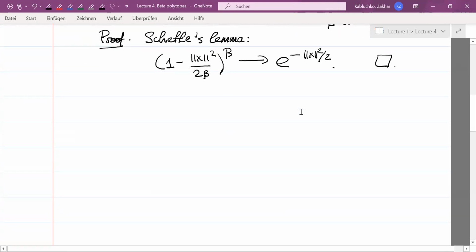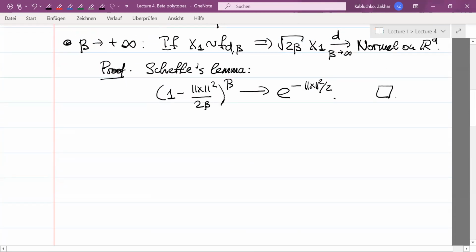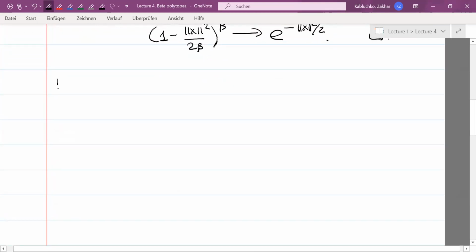There is another class which is very similar and where all the formulas are very, very similar to those for beta polytopes. It's the class of beta prime polytopes. And it is defined as follows.